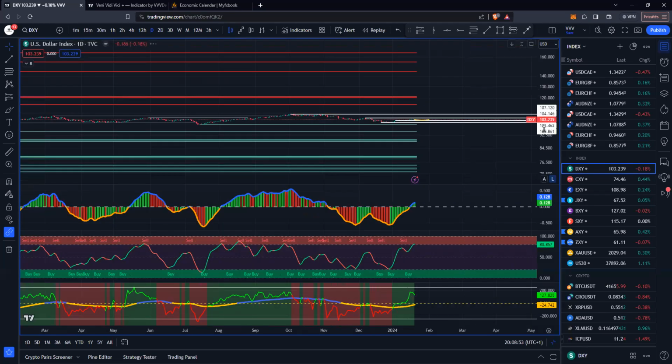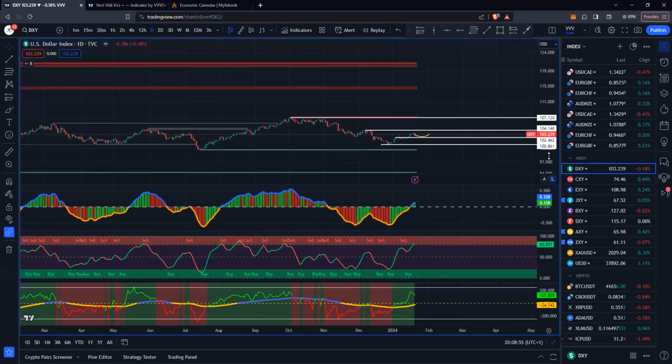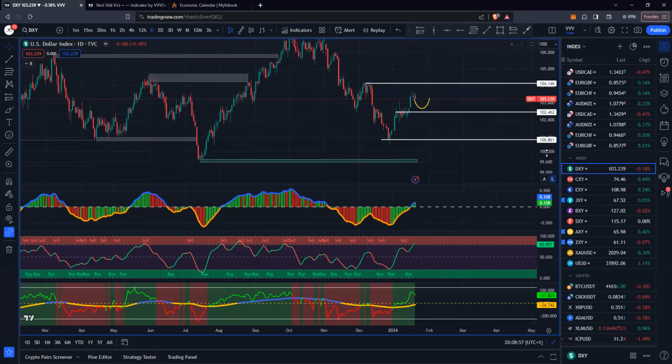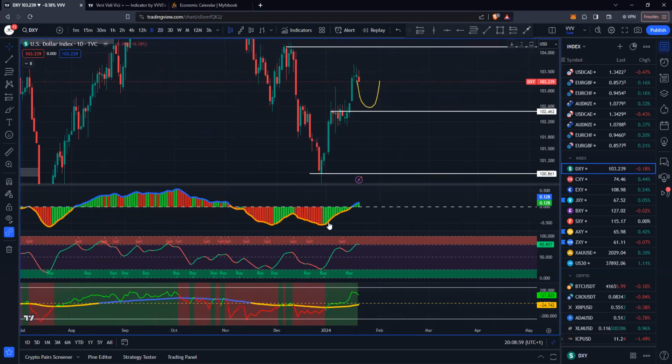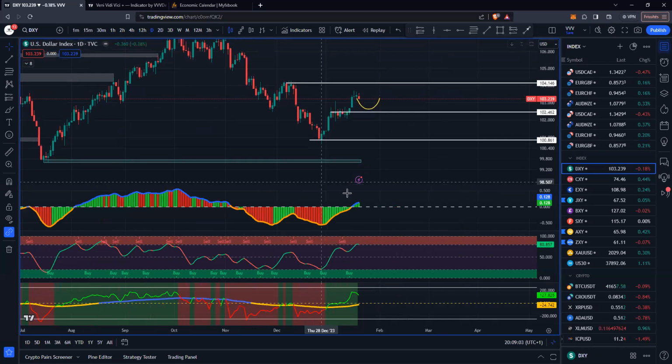Yes, the DXY also had a scenario, and that's what I was talking about. But on the USD CAD, we see a more beautiful picture. This was my first idea, but I also mentioned in our last Zoom that this is far away from each other.